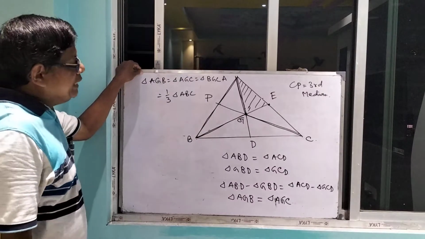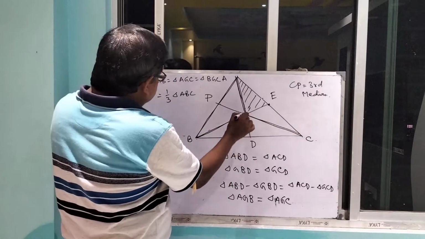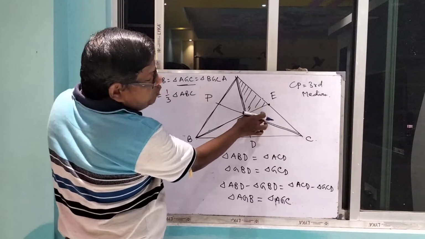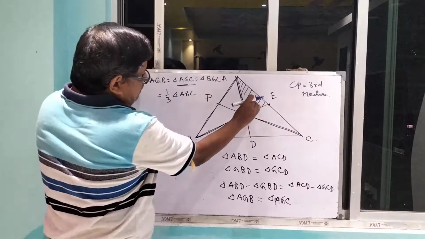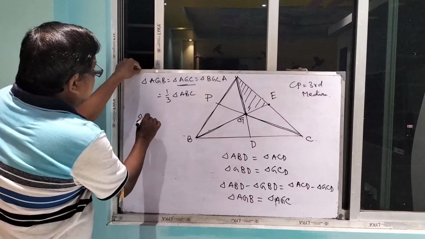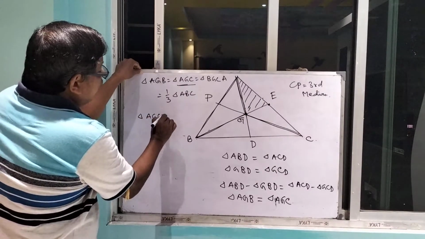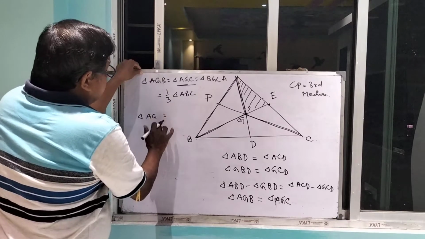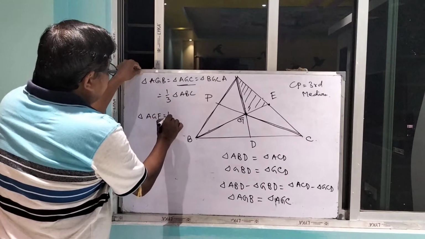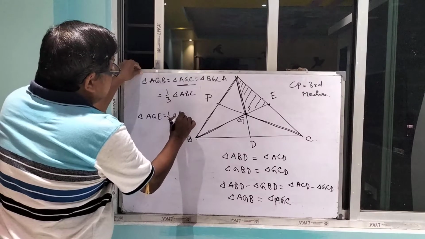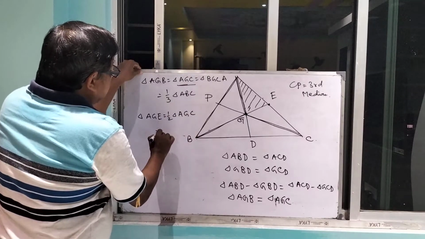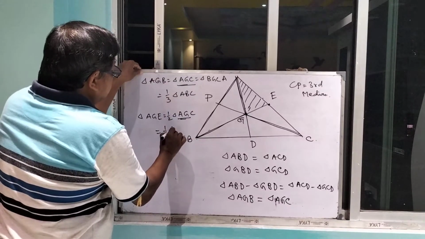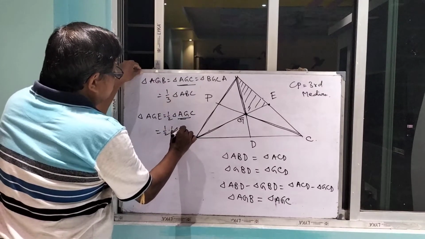Yes? Again look here, in triangle AGC, this also is a median, so both parts are equal. So triangle AGE is half of triangle AGC, again half of 1/3 ABC.